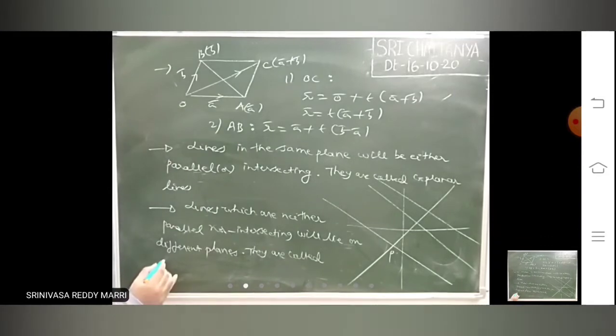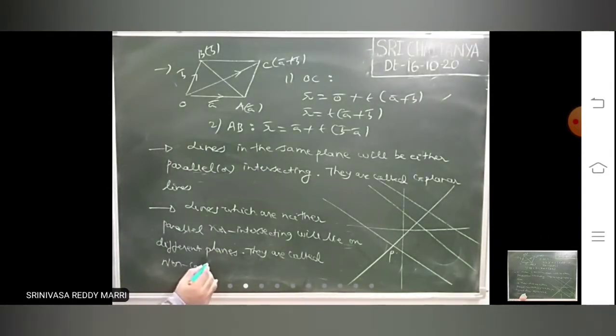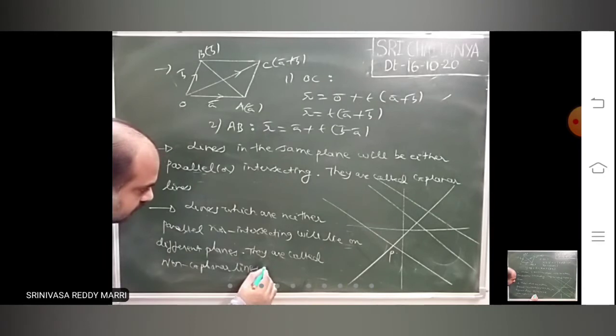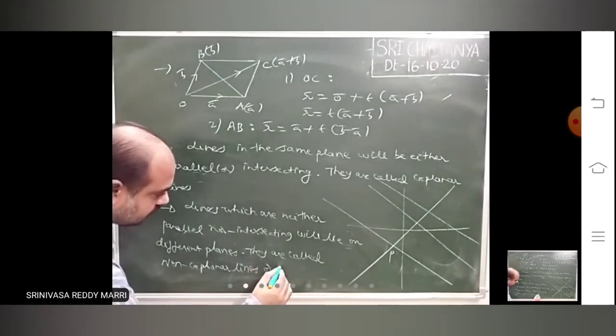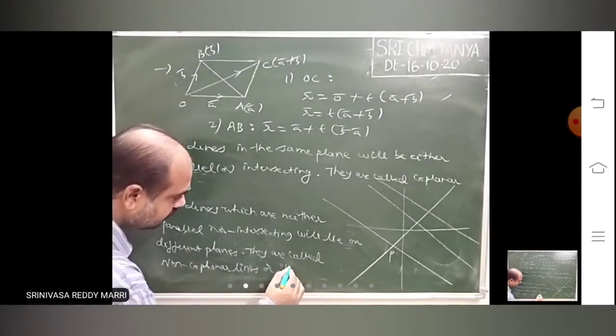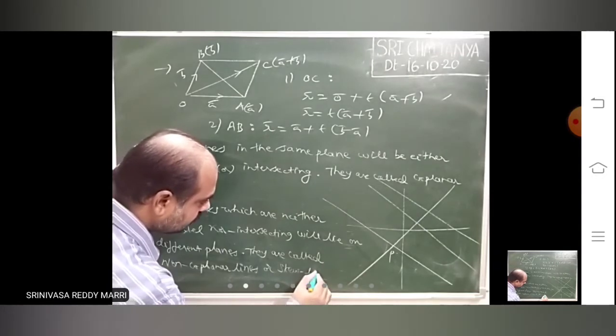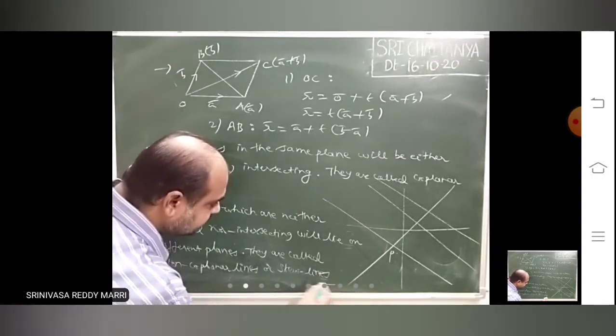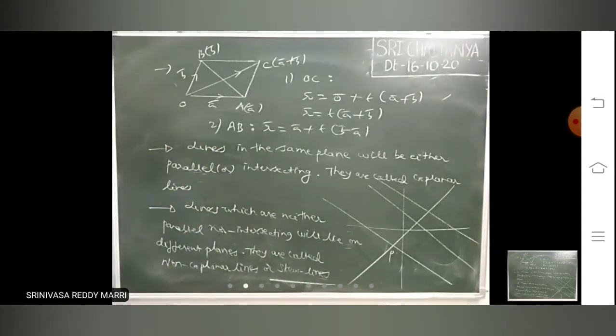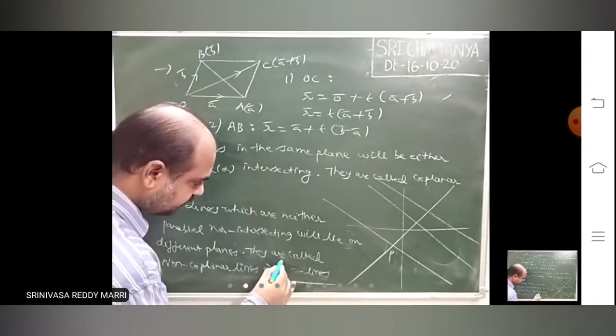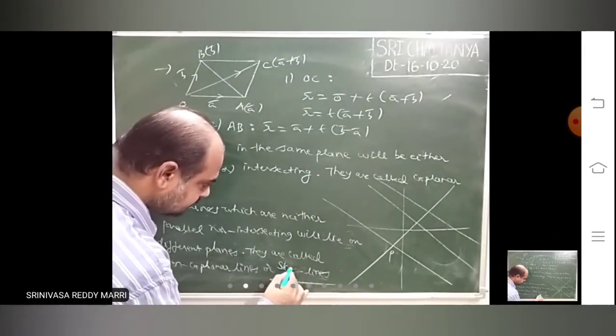They are called non-coplanar lines. They have one separate name. Non-coplanar lines are skew lines.